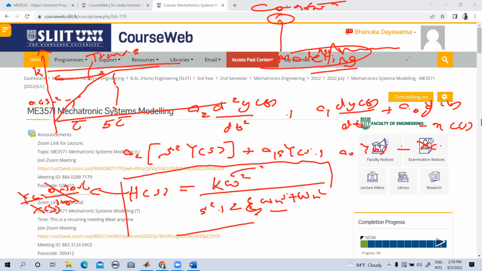Any questions? You all are familiar with the overall modeling aspect, the basics of system modeling, right? No issues there. If by any chance you are not familiar, you can go through the lectures and also your third year, first semester control systems module.